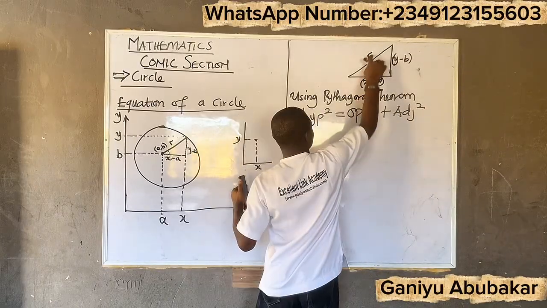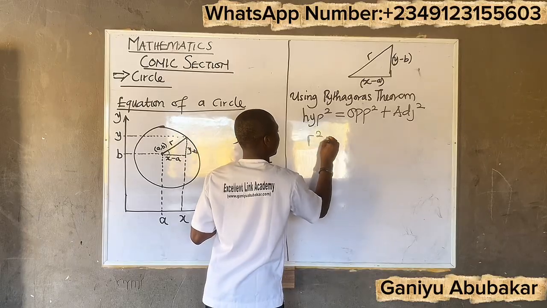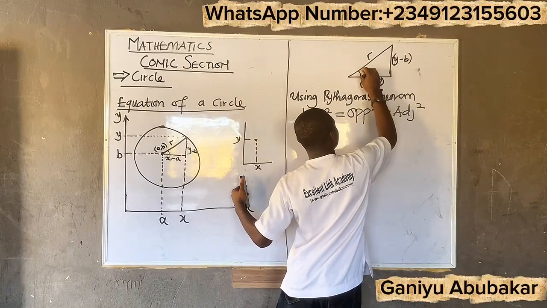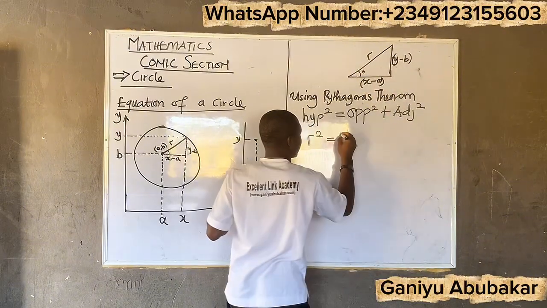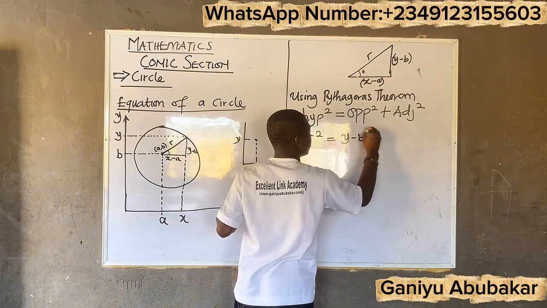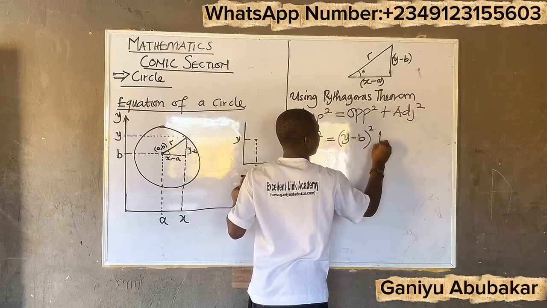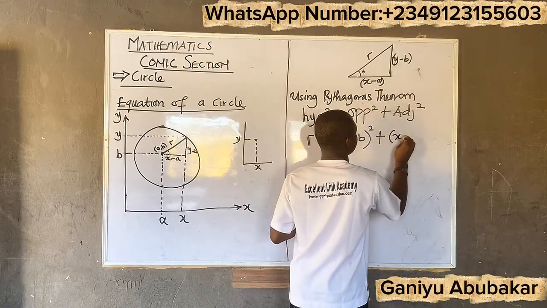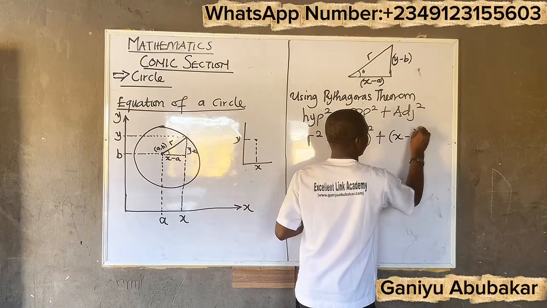Hypotenuse squared is r squared. That gives you r squared is equal to opposite, of course. I'm assuming the angle is here, so the opposite will be here. So that's y minus b all squared plus adjacent, which is x minus a all squared.